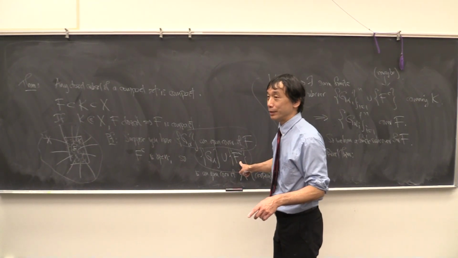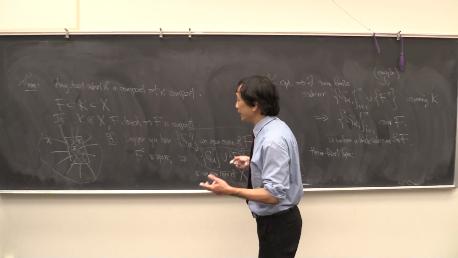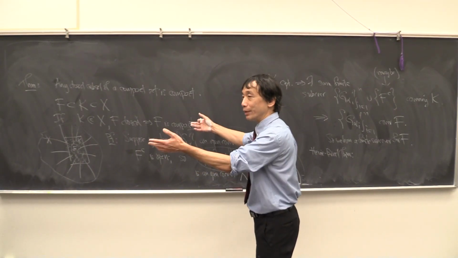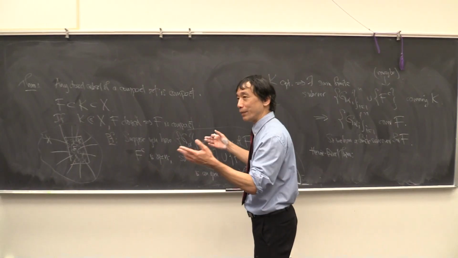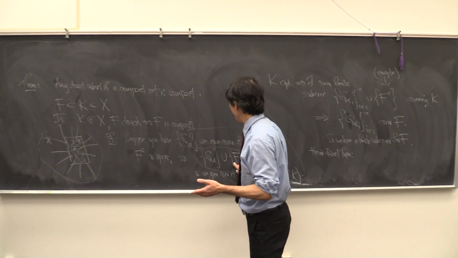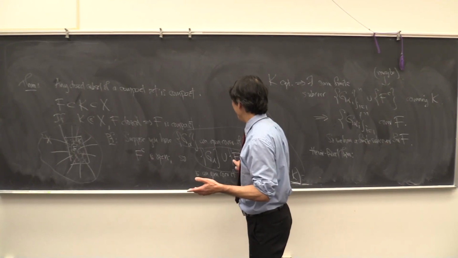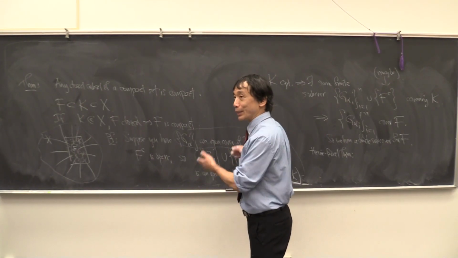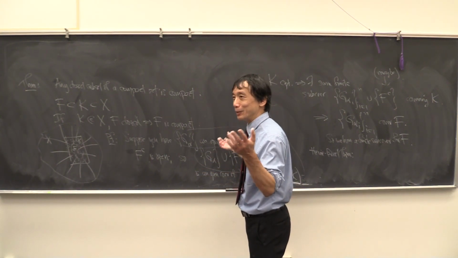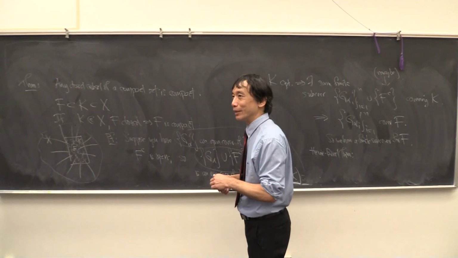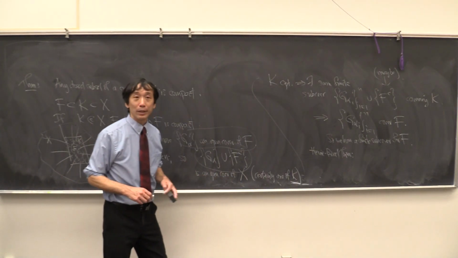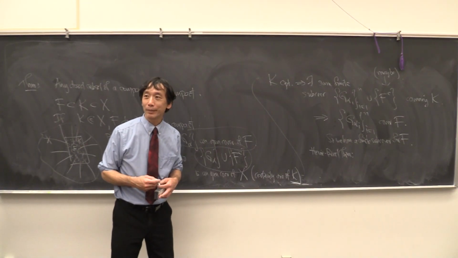I can only invoke the compactness of K when I'm going from an open cover of K to a finite subcover. But if F were open, then when I make this move, I'm throwing in a closed set, and K would be like, I'm compact, but I can't do anything for you, right? Okay. Other questions?